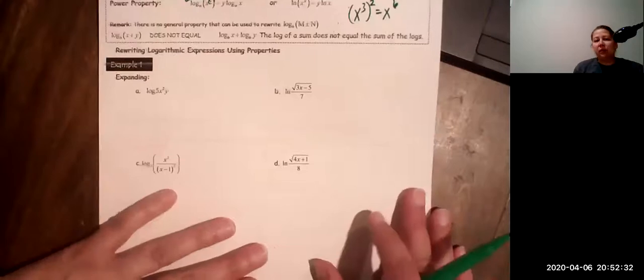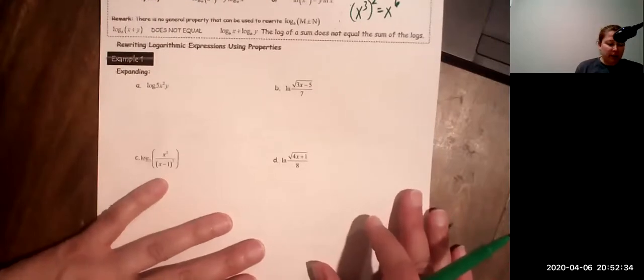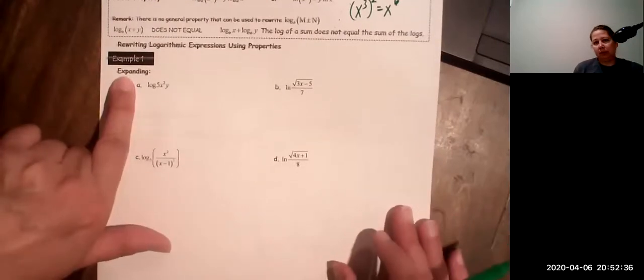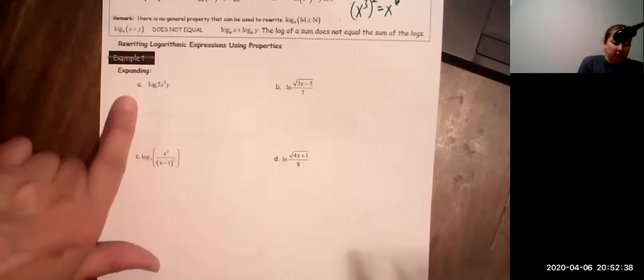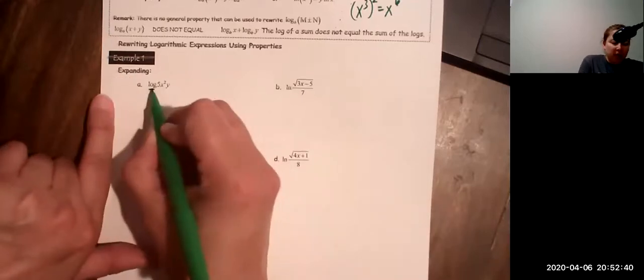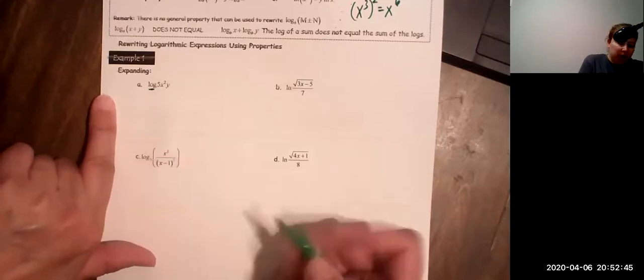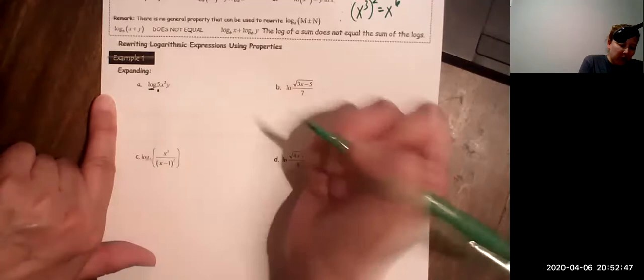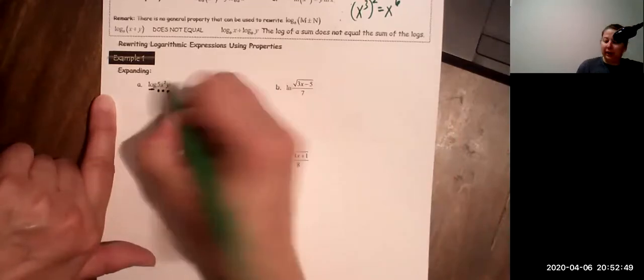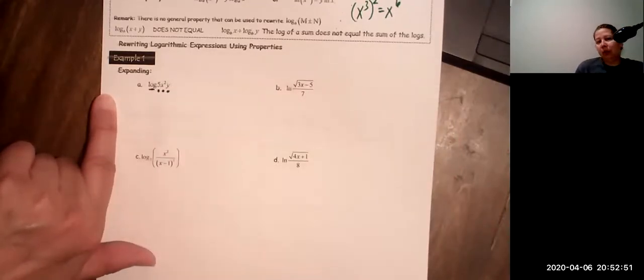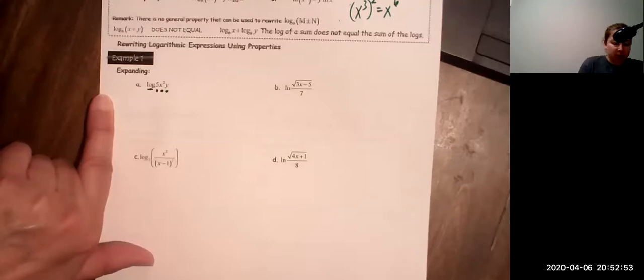Coming down here, for this first one, if the directions say to expand the logarithm, what you want to do is write the word log in front of every single one of these parts. It might be helpful to find all the parts. You've got a 5, an x squared, and a y. There are 3 parts, which means you need the word log 3 times.